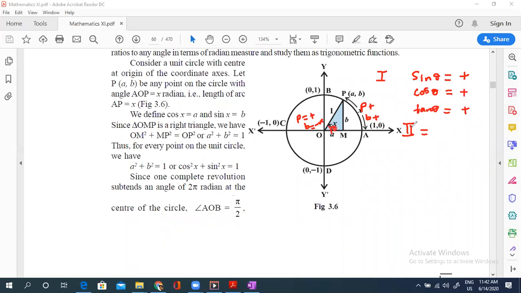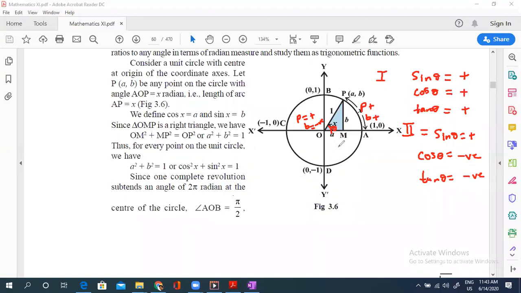So sine theta will be positive or negative? Positive. Very good. Cos theta, negative, because base is negative. And tan theta, negative. Very good, right? Hannah, right?